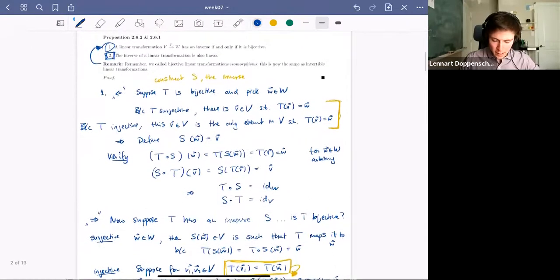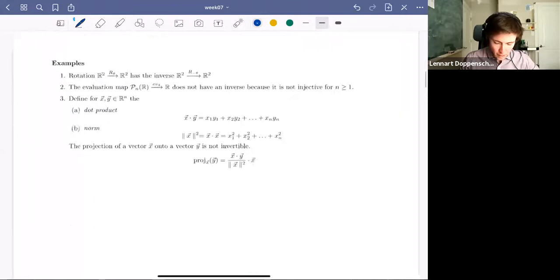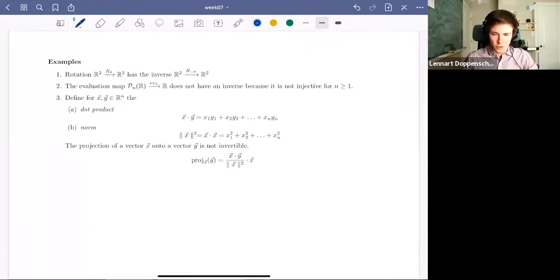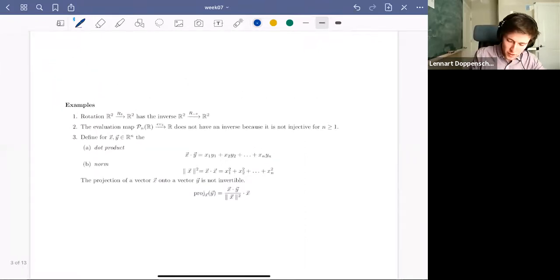Let's postpone the second part and look at examples, because then you might get more of a feel for what an invertible transformation is. Actually, I want to start with the zeroth example, which I didn't include because I didn't think about including it. The zeroth example is just a vector space and the identity transformation ID sub V, which takes every vector to itself.